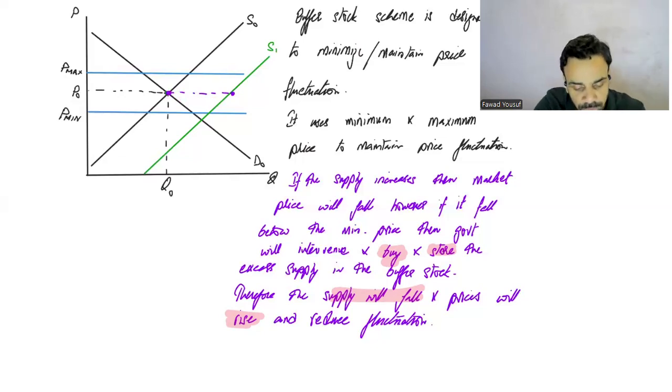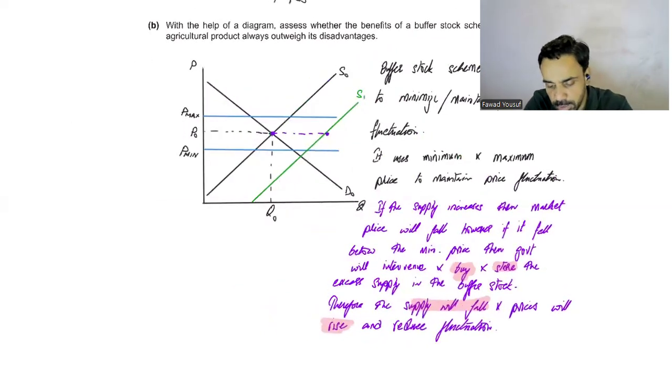That's one mark. Then after that you have to write about what if the supply falls. This was the third mark basically, that if there is a poor harvest and if the supply falls, the price wants to go up.